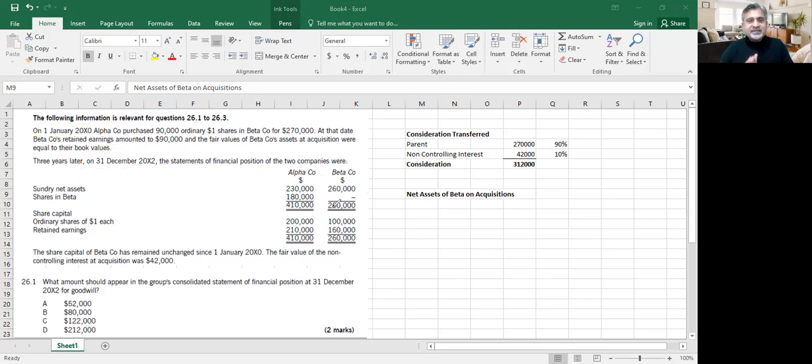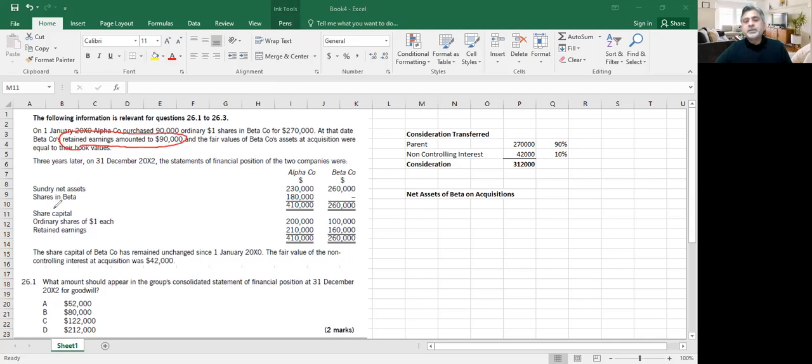Now, net assets include share capital, share premium, retained earnings, and reserves. In some cases, you have to write down all of them: share capital was this much, share premium was this much, and so on. But in this particular question, they made your life easy. They told you that at that date, retained earnings were 90,000.